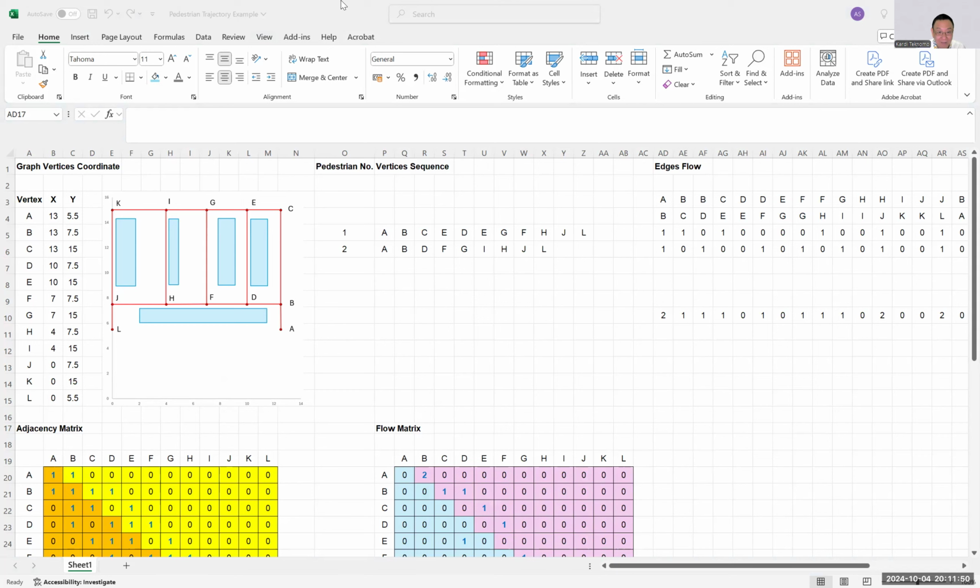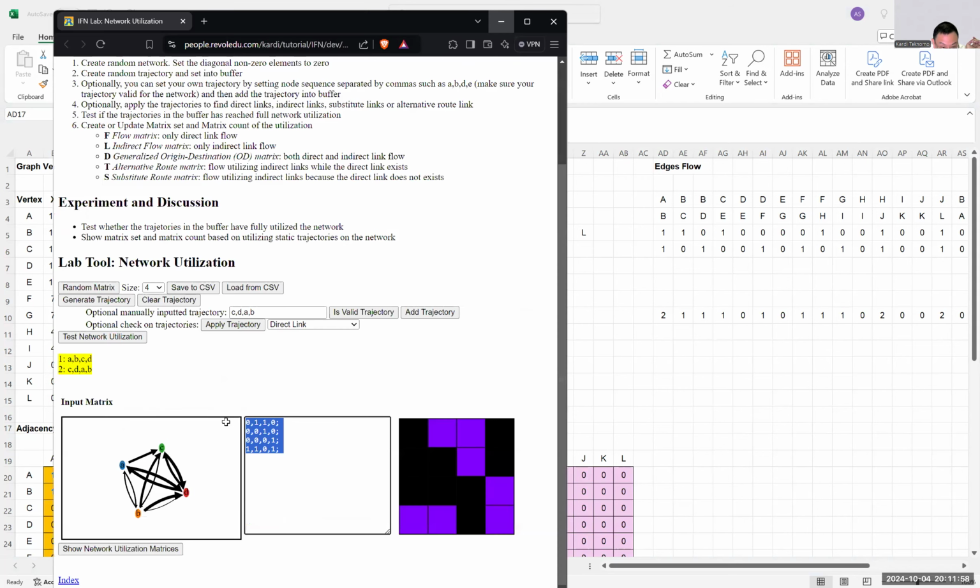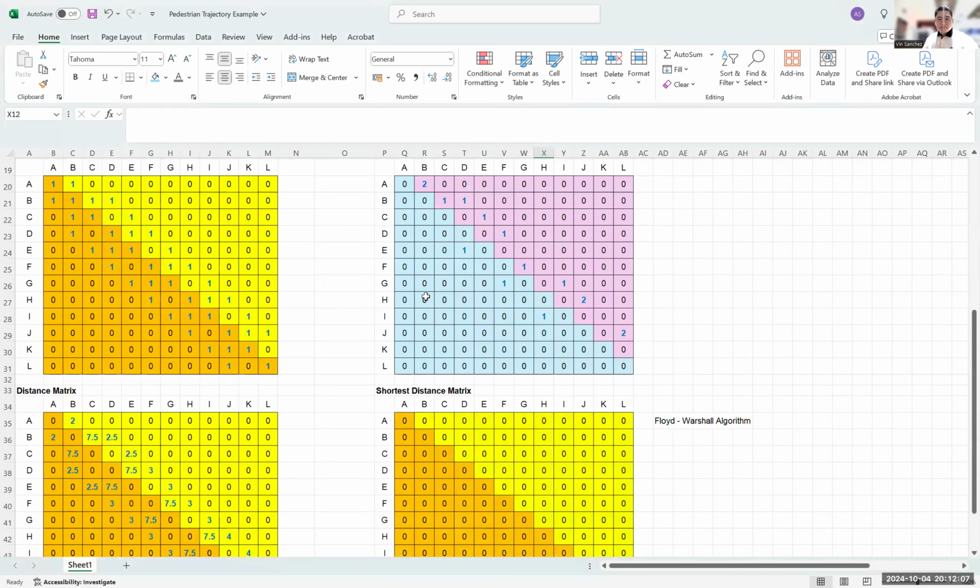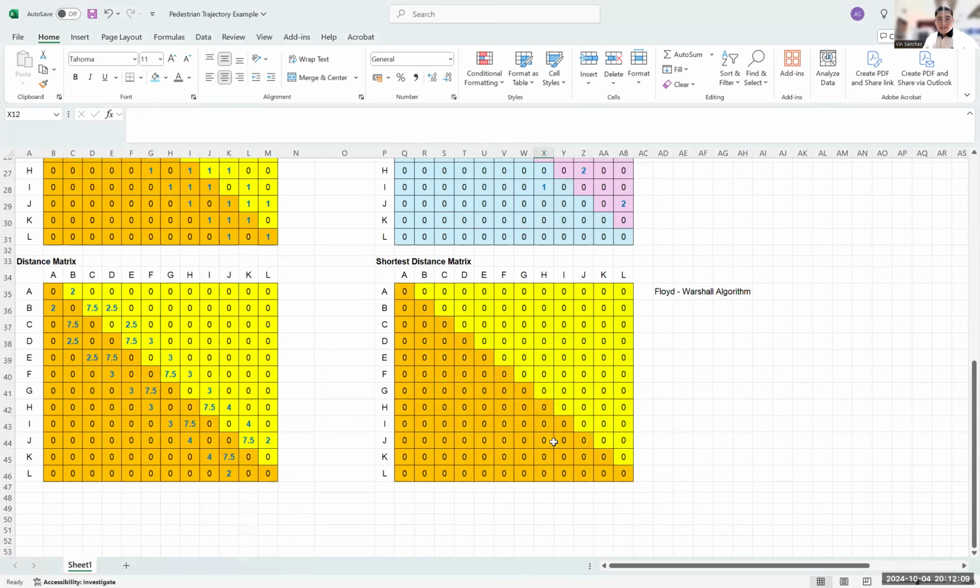Okay. So which one should be my input? This one, the distance matrix. Yes, the distance matrix you need to input. Then the path would be the shortest distance, I guess so.